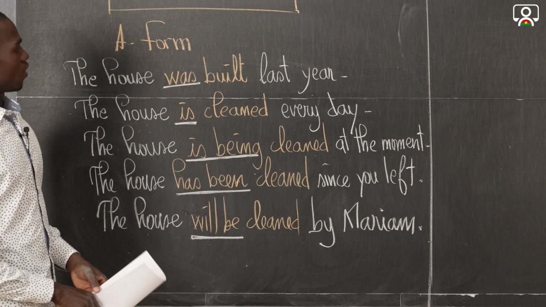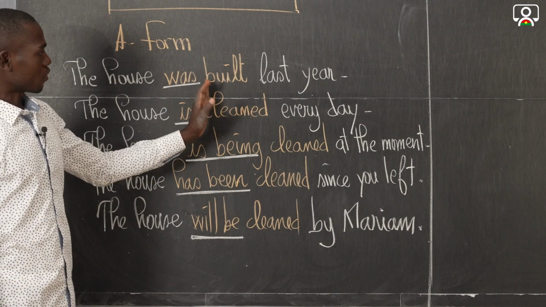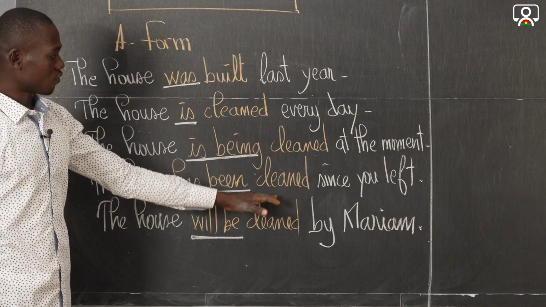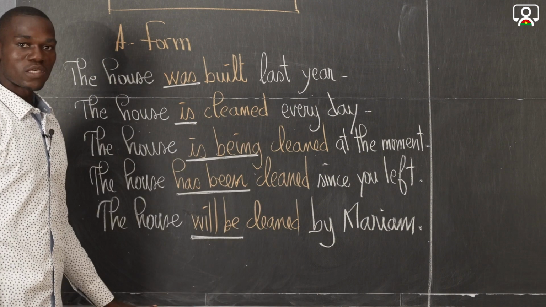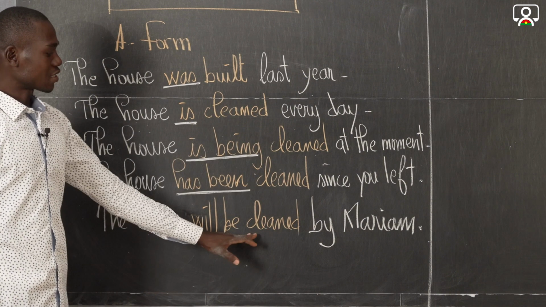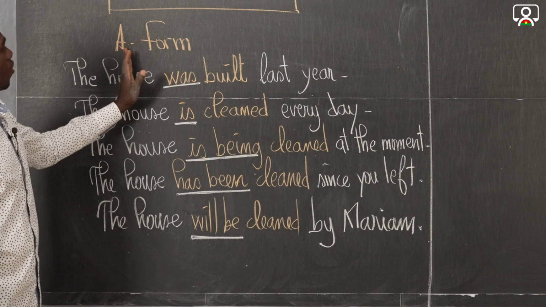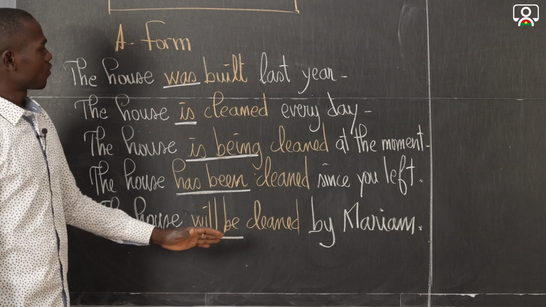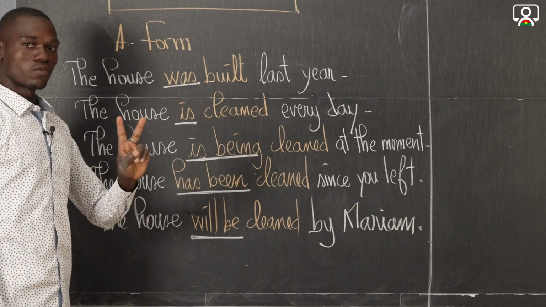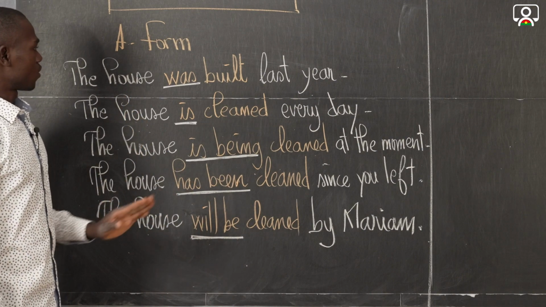What is left is the verb, okay? Look at the form of the verb. The verb is the past participle. So to form the passive, we need two elements.